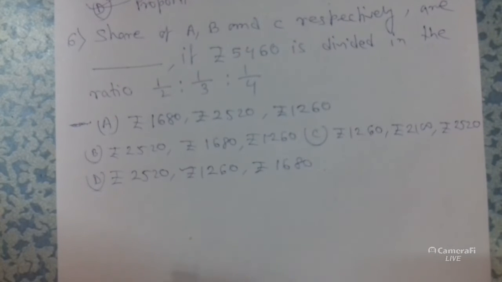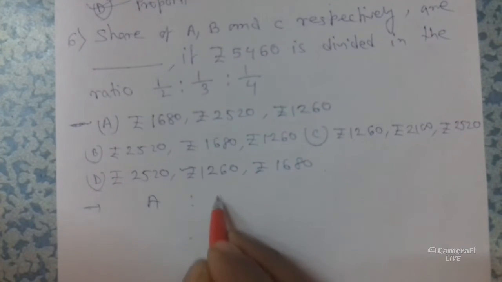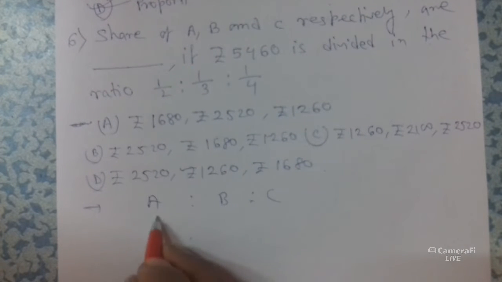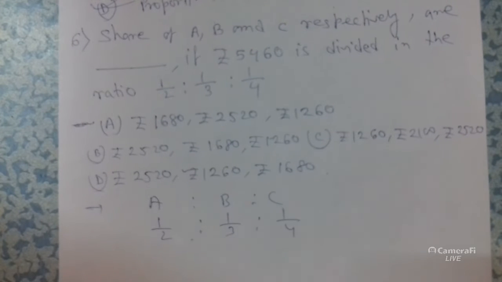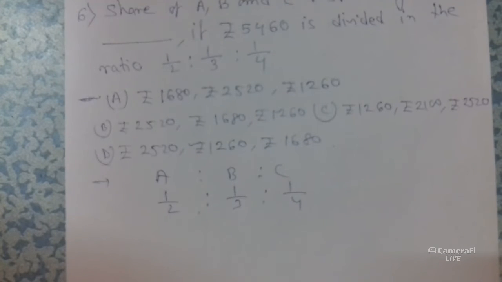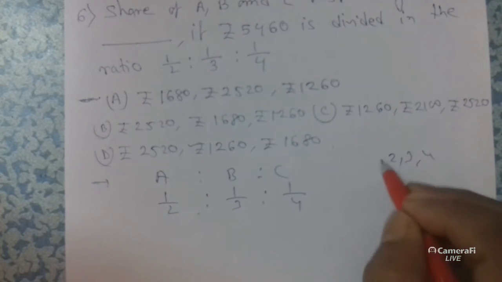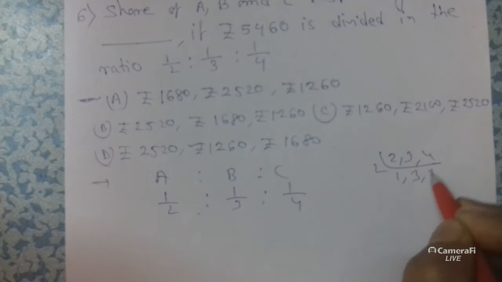Now students, it is given that A is to B is to C equals 1/2 is to 1/3 is to 1/4. At first we have to find the LCM of 2, 3 and 4. So LCM of 2, 3 and 4 is 12.